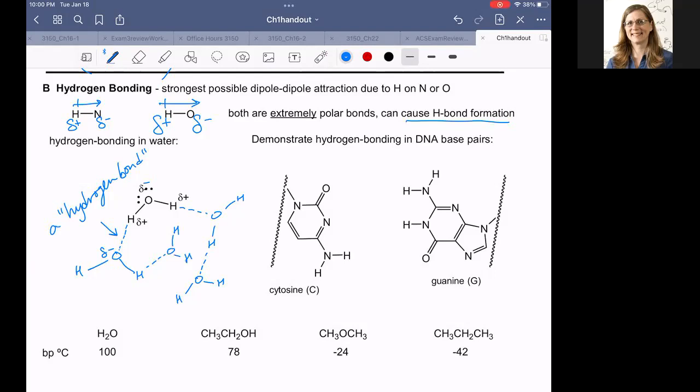It ends up being this huge network of interconnected water molecules, and that's what gives water its really unique properties. It has a very high boiling point and a high surface tension, right? If you put a droplet of water on a surface, it beads up, and that's because water is attracting to itself. It really wants to be around other water molecules.